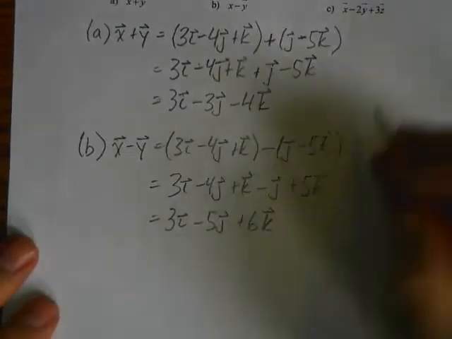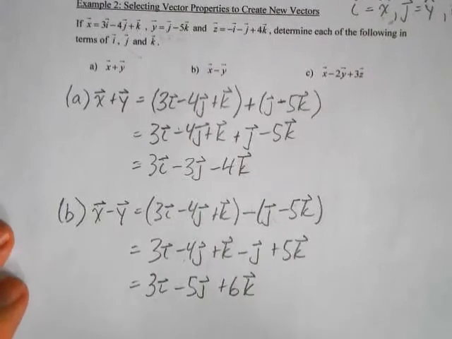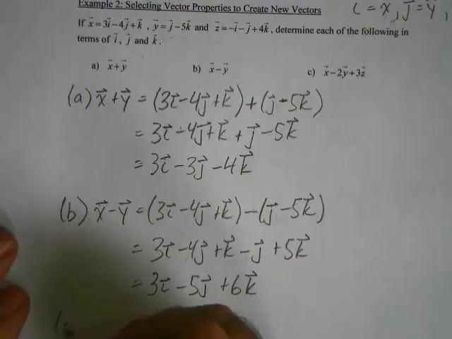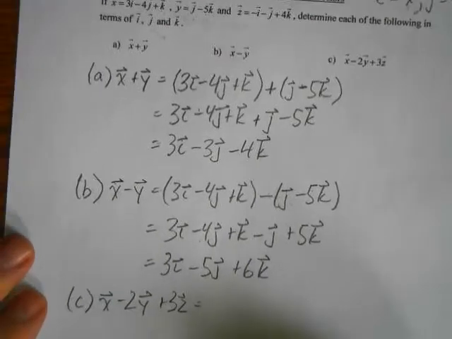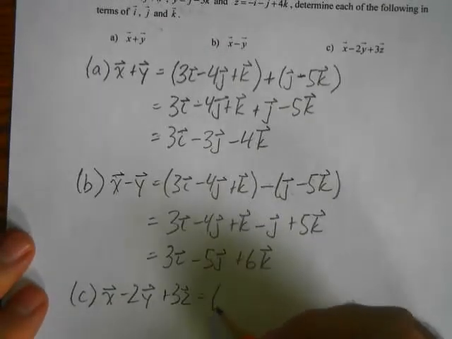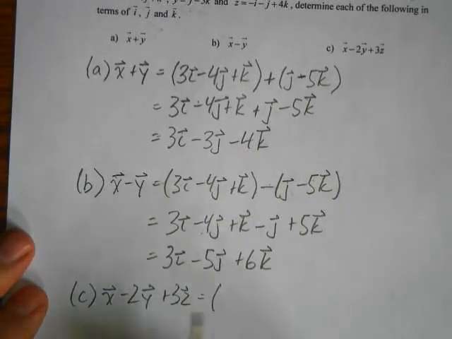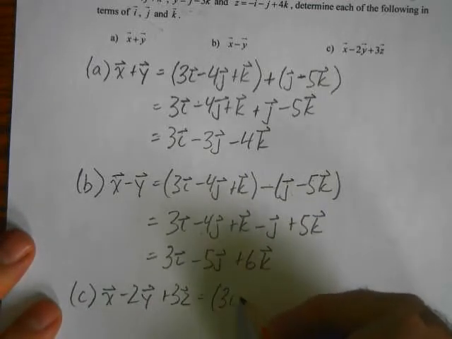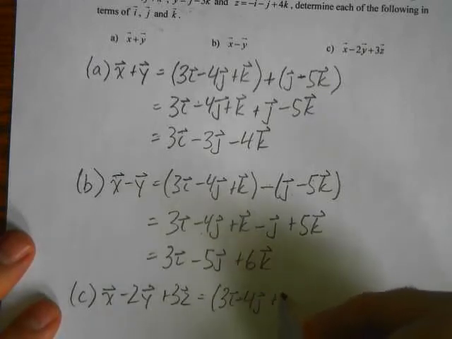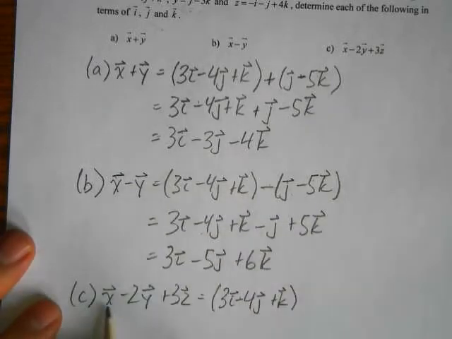Okay, and then the last one, a little more complicated. So this one we've got x minus 2y plus 3z. So I've got x, definitely put these in brackets. So x is 3i minus 4j plus k with no scalar in the front.